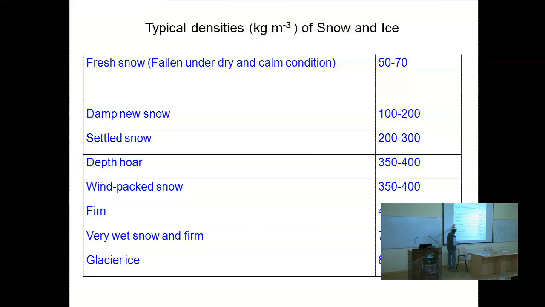But another important question is wind-blown snow. What really happens is, once the snow has fallen, or even during snowfall, there could be wind. And even after the snowfall is over, suddenly huge winds start blowing. Because of the huge movement of wind, snow also gets redistributed.